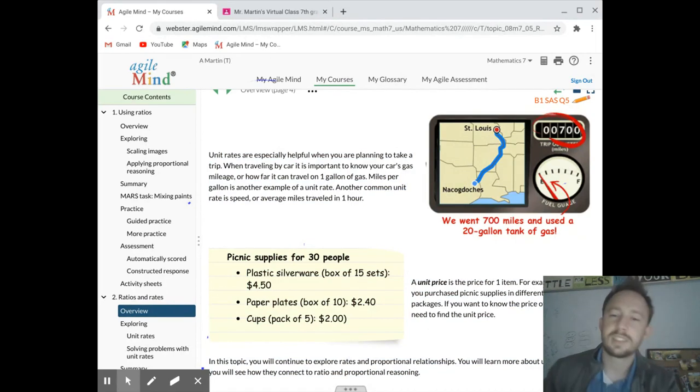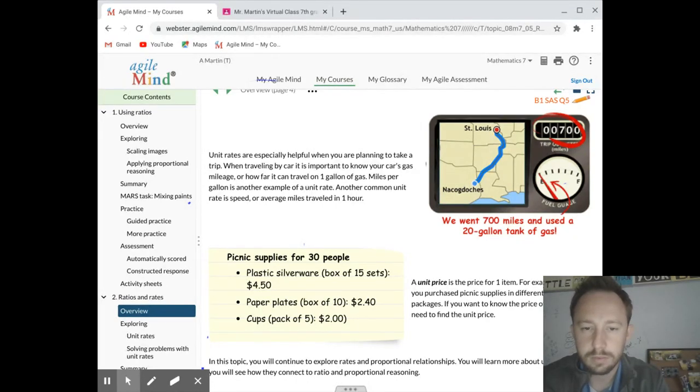Unit rates are especially helpful when you are planning to take a trip when traveling by car. It is important to know your car's gas mileage, or how far it can travel on 1 gallon of gas. Miles per gallon is another example of a unit rate.